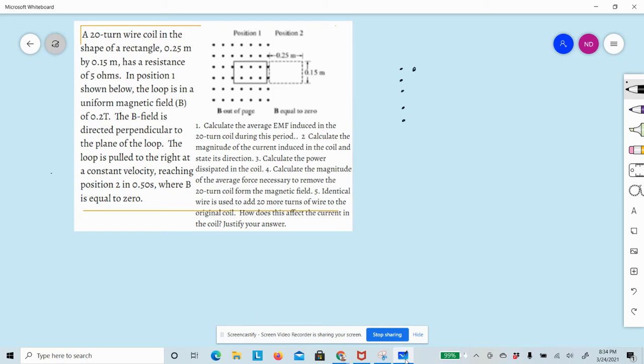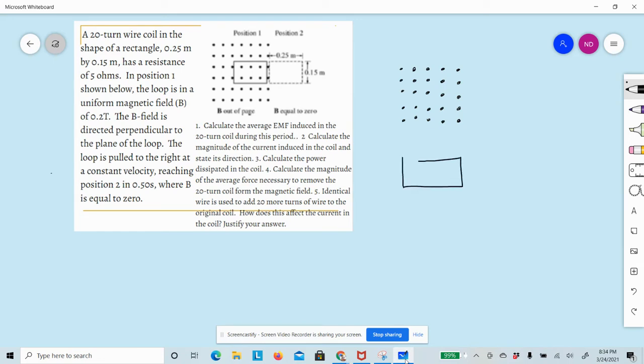This thing is in a magnetic field. And it's a rectangle of a certain dimension. Let's see if we can make a nice rectangle. Nope, can't make a nice rectangle like that.